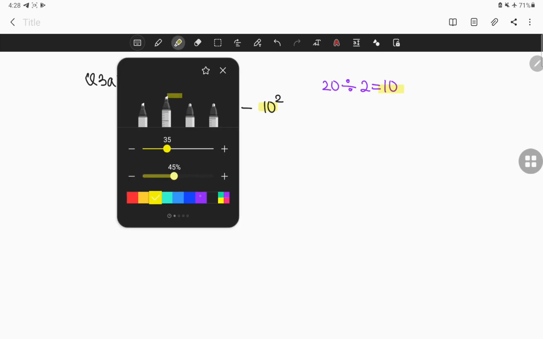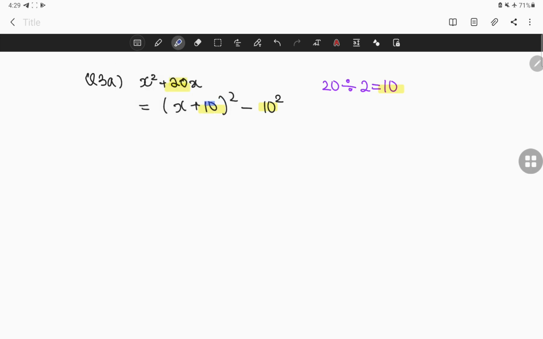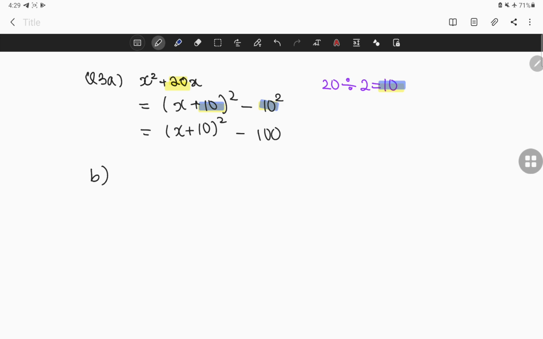This 10 here is actually from here. And then if we simplify this further, we will keep x plus 10 squared minus 100. So 10 squared is equal to 100. And that is all.